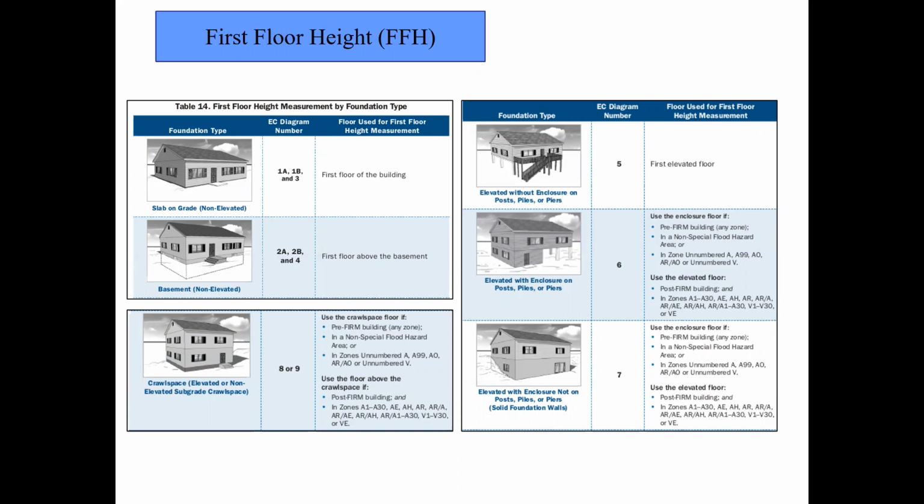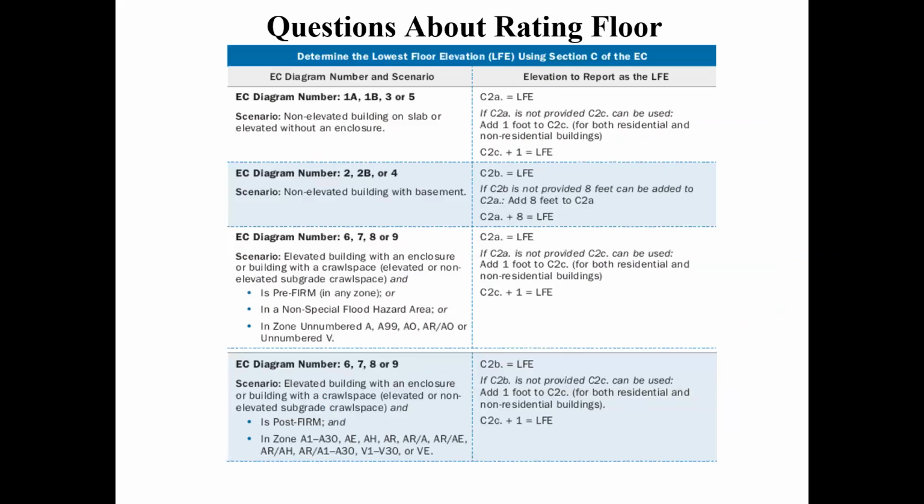And then they'll use the elevated floor for rating if it's a post-firm building and it's in one of these floodplains, a numbered A zone, AE, AH, AR, and then the combination of flood zones that you see at the bottom, numbered V zones or VE zones. So this is part of their push for equity and everyone paying their fair share and their attempts to simplify flood insurance.